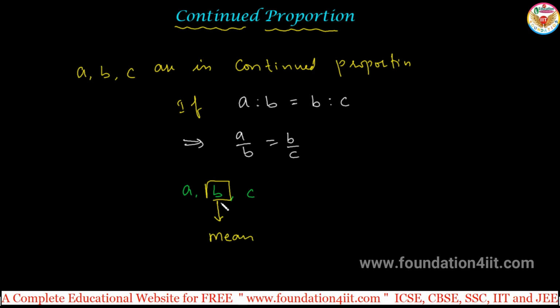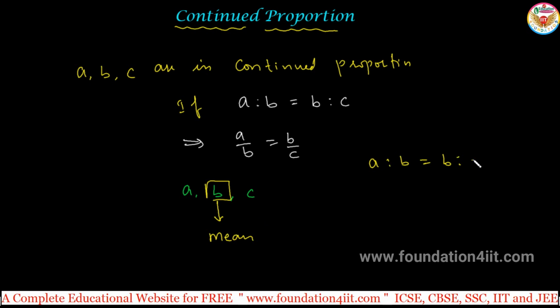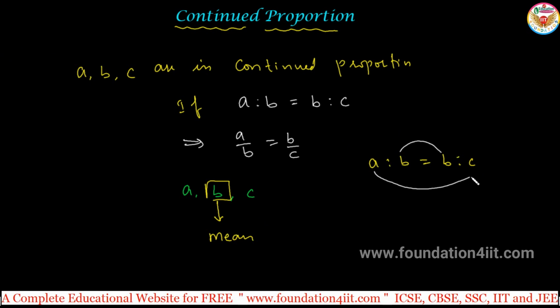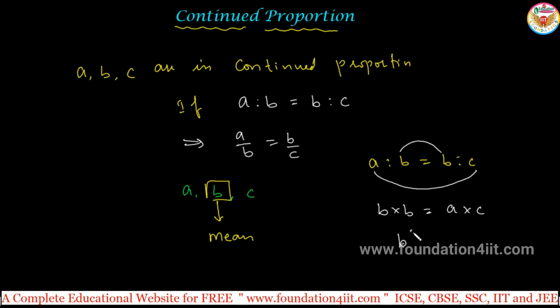As in the proportion definition, the product of the means is equal to the product of the extremes. So B into B equals A into C. B square is AC. That means B equals the square root of A into C.